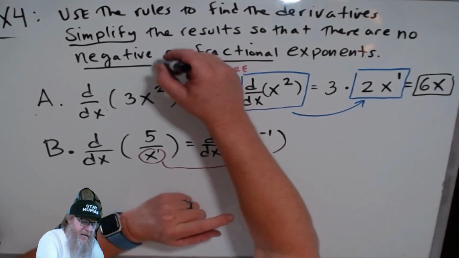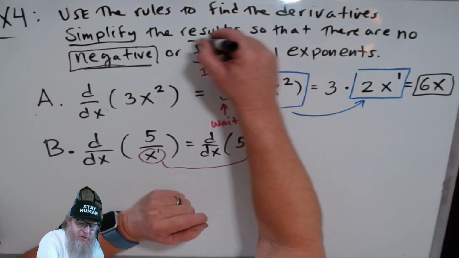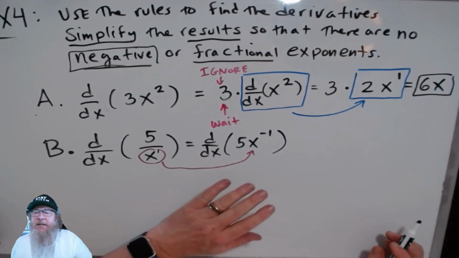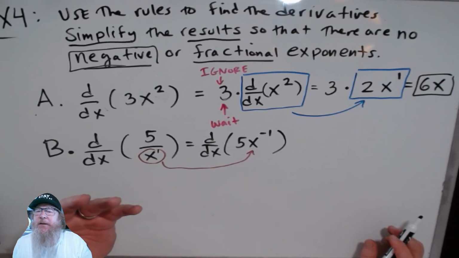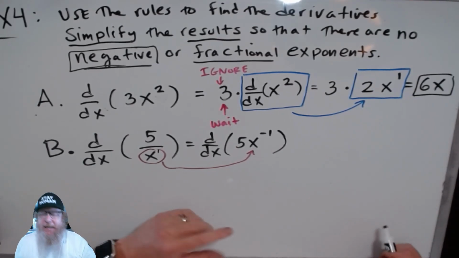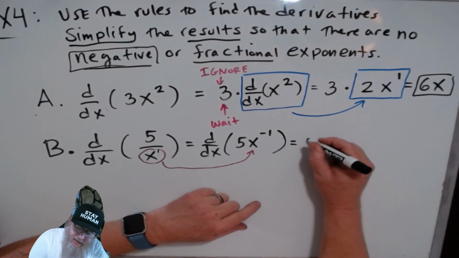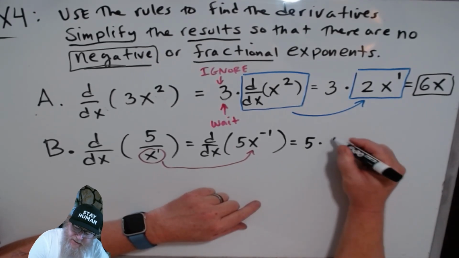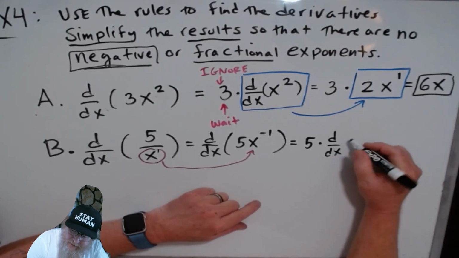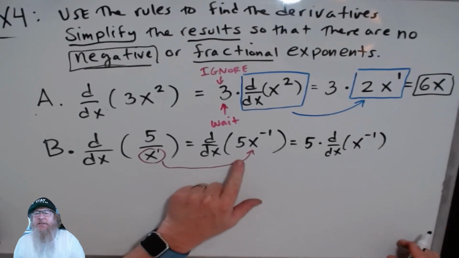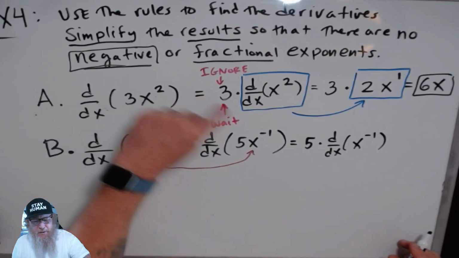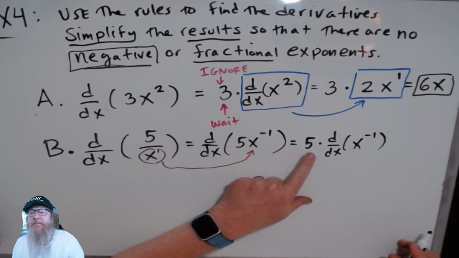Now the rule says to write the result with no negatives. So when I'm done, I will put it back to being positive, but temporarily I'm making it negative. So this is going to be 5 times the derivative of x to the negative 1. So the constant 5 is what I'm ignoring. It comes out in the front here.